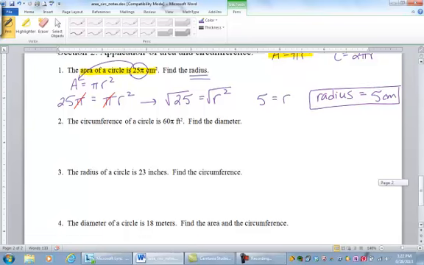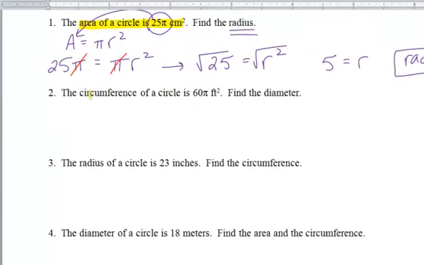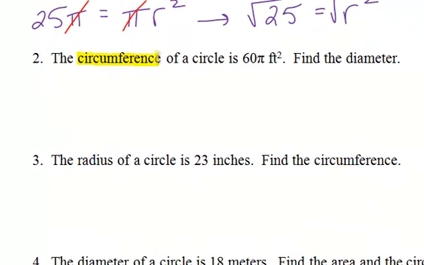Okay, in example number 2, here's what is important about this one: this one is now a circumference problem. So all I read was the words the circumference, and then I'm stopping and I'm just going to write the formula real quick. Circumference equals 2 pi r. Okay. So that's the formula that I'm dealing with in this problem.